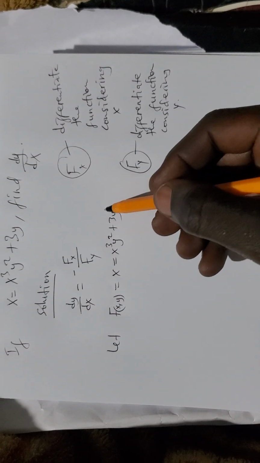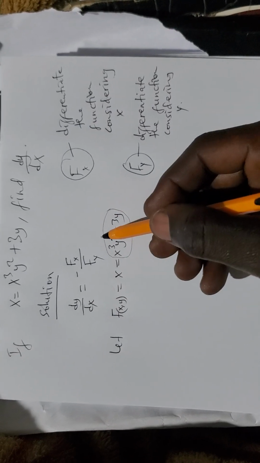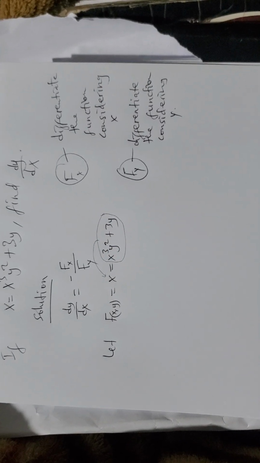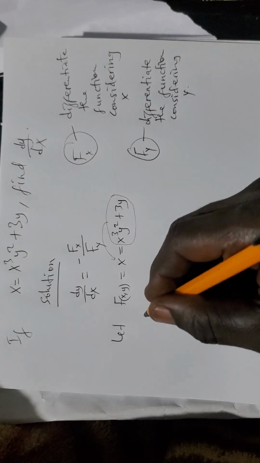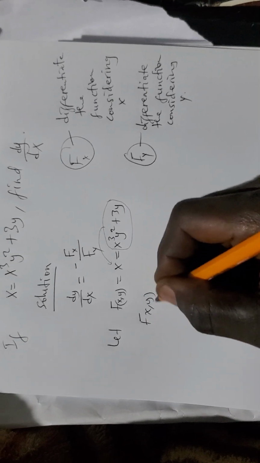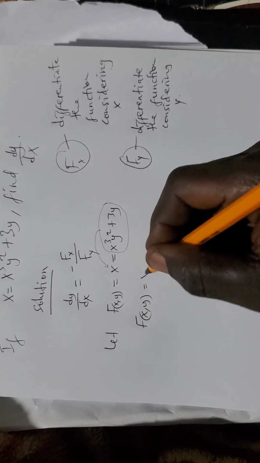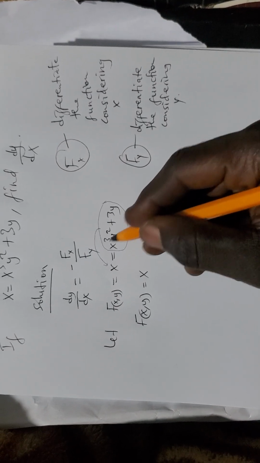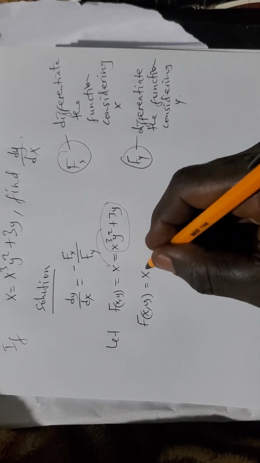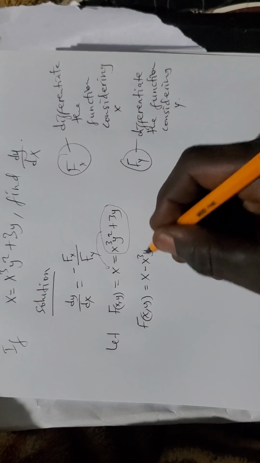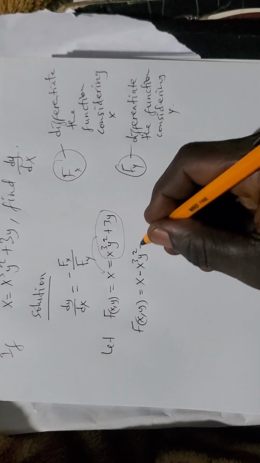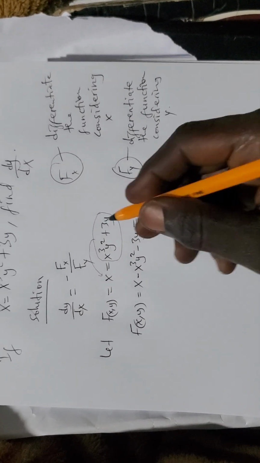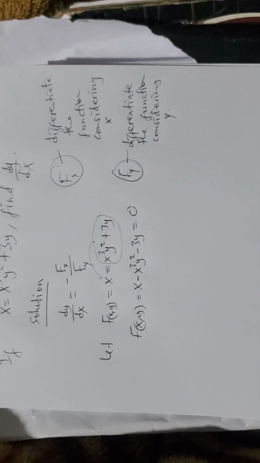Next, let this part come to this part. This part will move across the equal sign to become negative, and this part will also become negative, and where they were you have a 0.